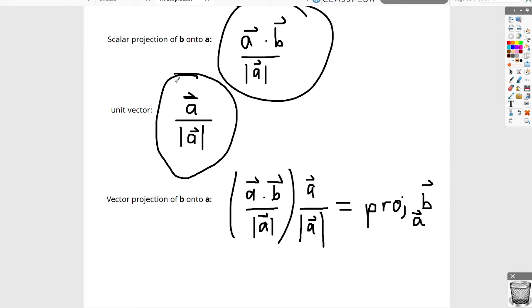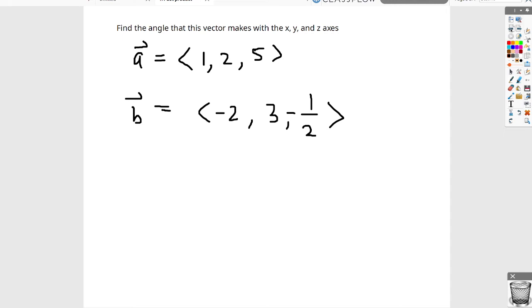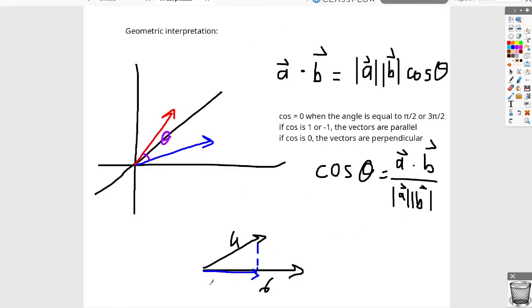So you multiply them both together: the scalar projection gives the magnitude, and the unit vector gives the direction, for the projection of A onto B. So a picture would be like this. That is the projection of A onto B.